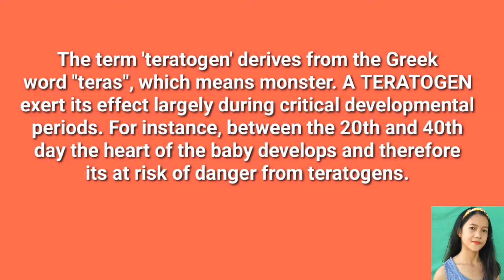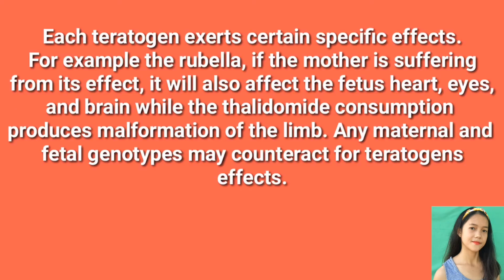A teratogen exerts its effect largely during critical developmental periods. For instance, between the 20th and the 48th day, the heart of the baby develops, and therefore it's at risk of danger from teratogens.